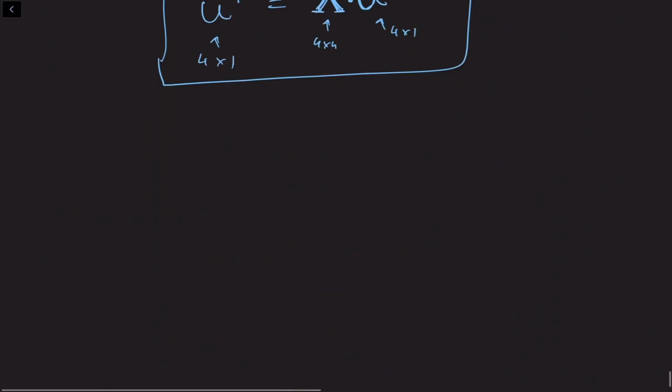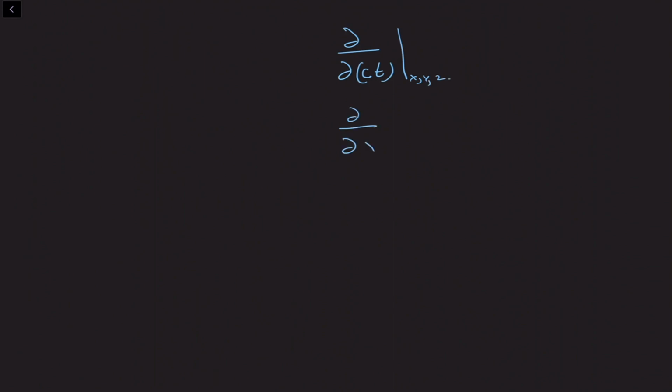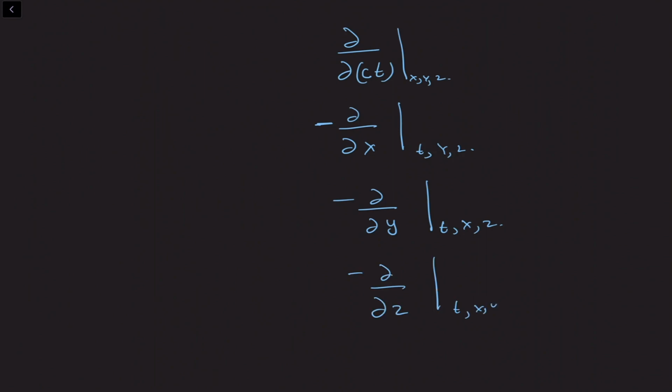And similarly, you can show that if we construct the four quantities, which are partial derivatives, that is partial ct, where I'm holding x, y, z constant, partial x with a minus sign, where I'm holding t, y, z constant, and partial y, where I'm holding t, x, z constant, and partial z, where I'm holding t, x, y constant.